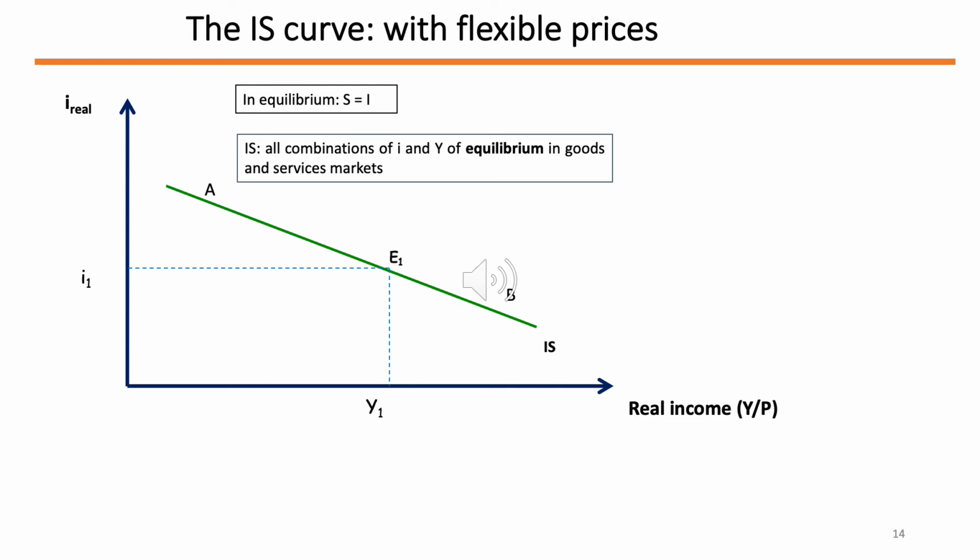That's very important for you to familiarize yourself with this notation, because we're going to use it later in the module. So again, all the points along the green line, the IS line, represent points of equilibrium in the goods and services markets. Why equilibrium? Because total savings are exactly equal to investment.